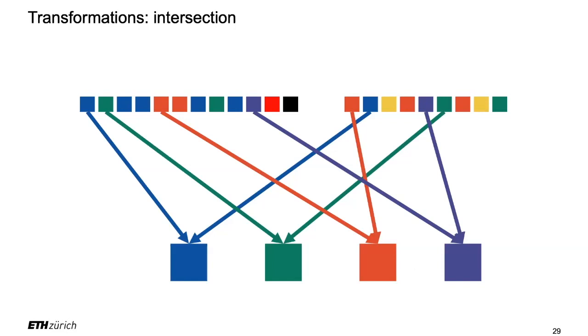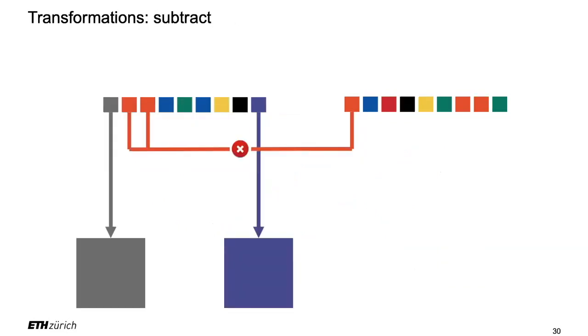Now we have the intersection where you have two RDDs and you create a third RDD where you only have the values that are in both of the input RDDs, right? Do we have a question over there? No? Okay. So this is the intersection transformation. And we have subtract where you have also two RDDs and you output all of the values of the first RDD on the left, except those that appear in the second RDD, subtract.